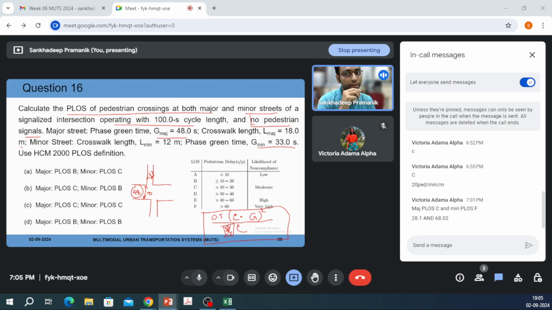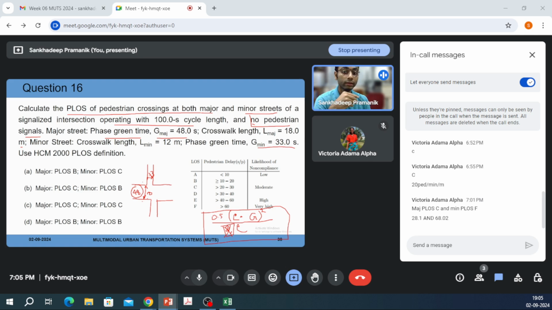For the major street, the phase green time given is 48 seconds. That is for the cars or trucks going on the major road, so in that time vehicles will move, and anyone who wants to cross cannot cross.